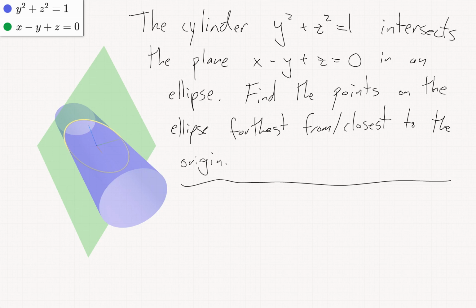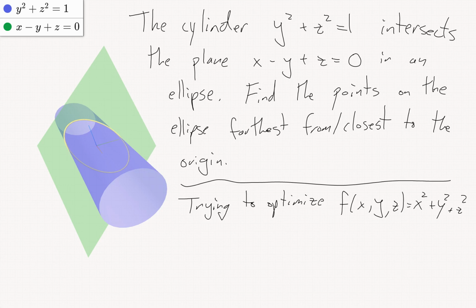Okay, so what we're trying to do is optimize f of x, y, z equals x squared plus y squared plus z squared. This is the distance to the origin.